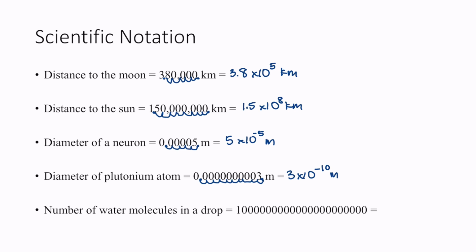That is a lot. Oh my goodness. This is going to be a lot. 1, 2, 3, 4, 5, 6, 7, 8, 9, 10, 11, 12, 13, 14, 15, 16, 17, 18, 19, 20, 21. So this is going to be 1 times 10 to the 21 water molecules.